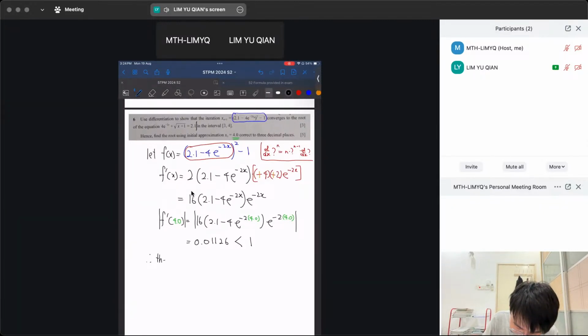Therefore, the iteration, so this is the criteria. The iteration converges to the root of the equation.